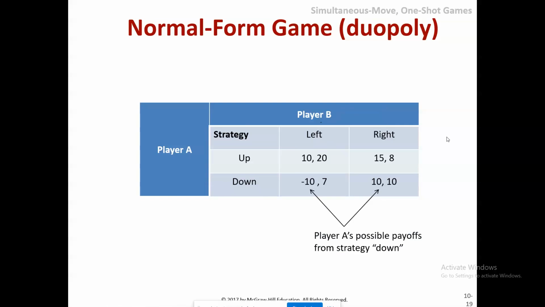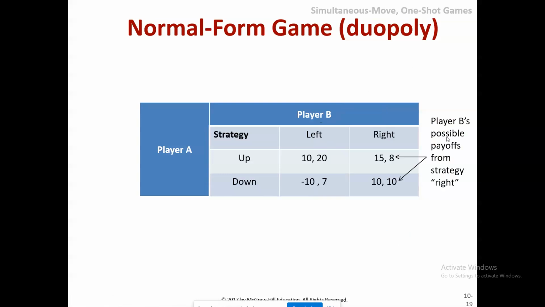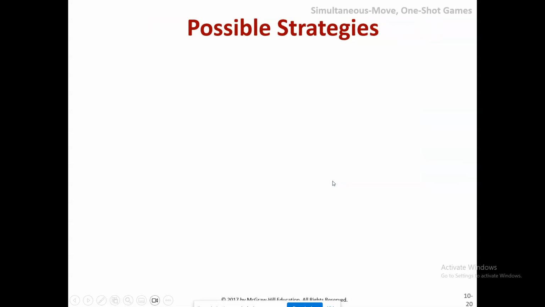And the first number refers to player A's possible payoffs from strategy down, right here, negative 10 and 10. And the second number here refers to player B's possible payoffs from the strategy of being right. Then 27 refers to being on left.